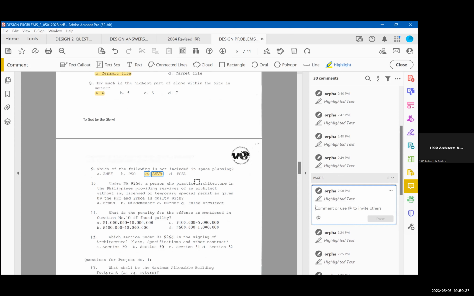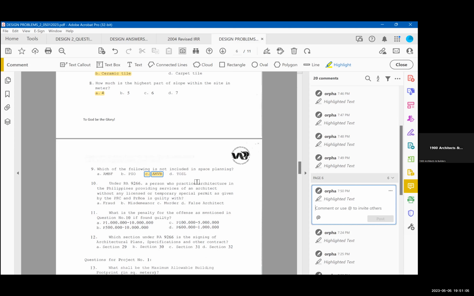Okay. Number 10. Under RA 1966, a person who practiced architecture in the Philippines, providing services of an architect without any license or temporary special permit as given by the PRC and PRBOA is guilty with letter A, fraud, B, misdemeanor, C, murder, D, false architect.